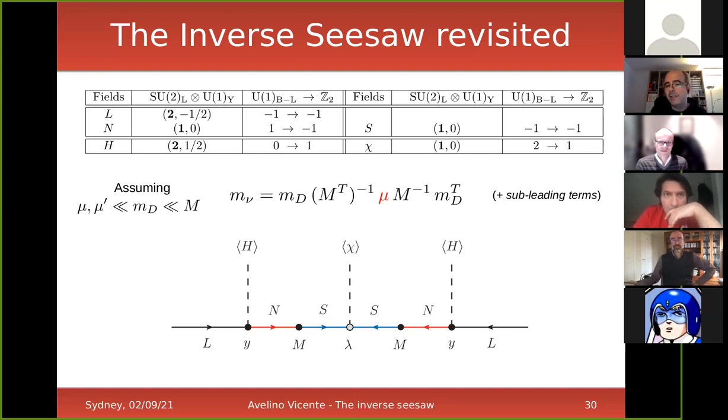But you increase the difference in mass between the two pseudo-Dirac states, and then all these other signatures we are discussing now could in principle be more easily visible. So all these possibilities do exist, and I think there would be very clear signatures of some inverse seesaw-like scenario behind.